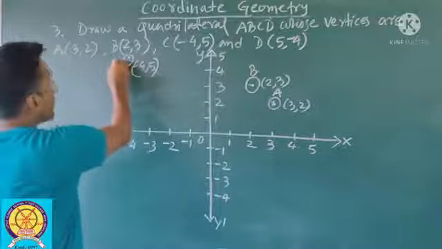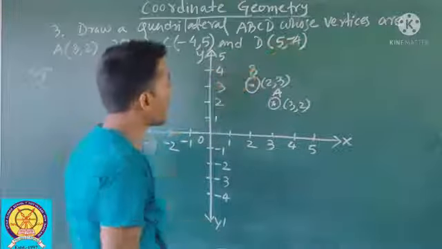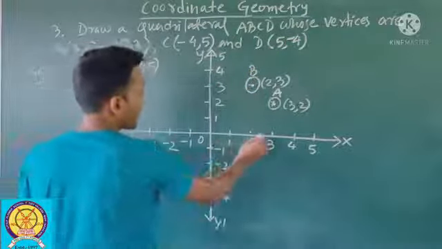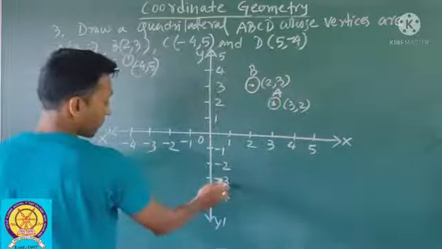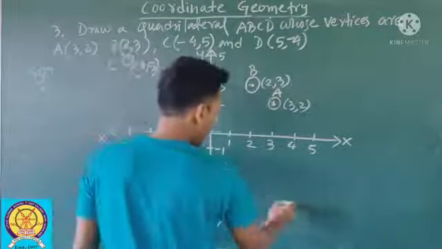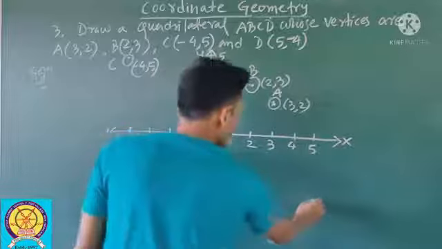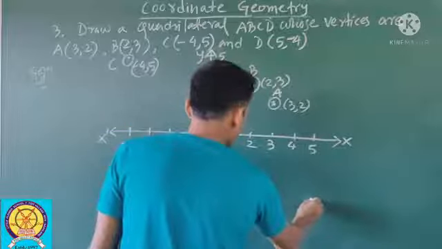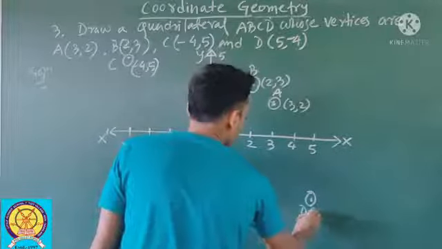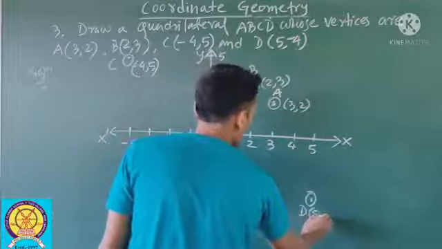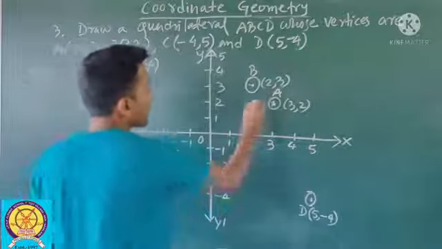This is C. Next D (5, -4): x is 5: 1, 2, 3, 4, 5, y is minus 4: minus 1, minus 2, minus 3, minus 4. So this is D, (5, -4). Now you join the points.